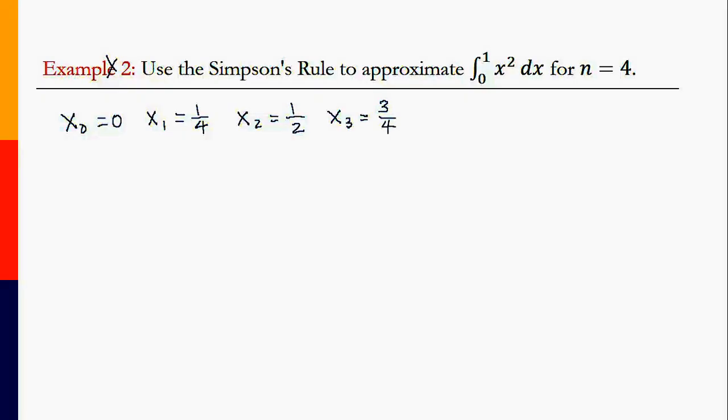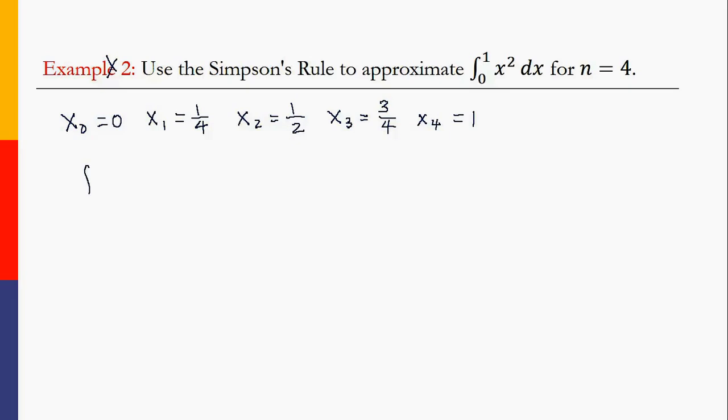Earlier we have x sub 0 equals 0, x sub 1 equals 1/4, x sub 2 equals 1/2, x sub 3 equals 3/4, and x sub 4 equals 1.